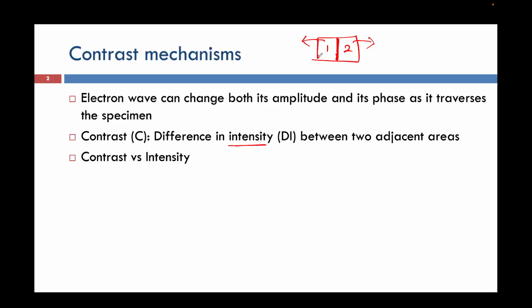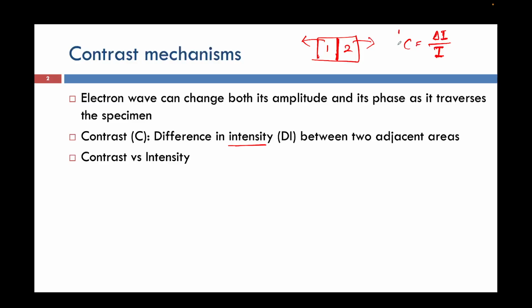If we want to numerically quantify it, contrast is delta I by I, where delta I refers to the difference in intensity between our two desired regions, and I is the intensity of the original region.